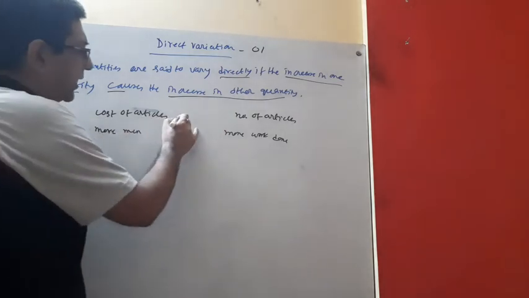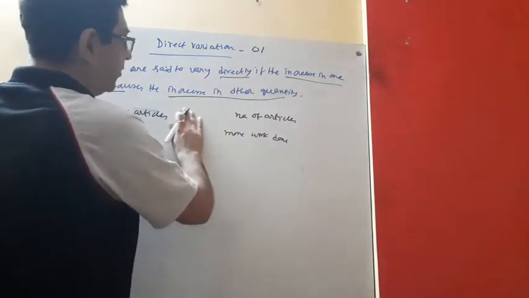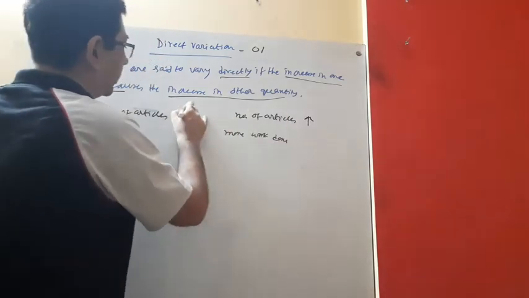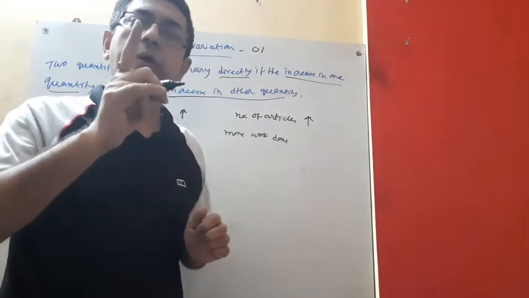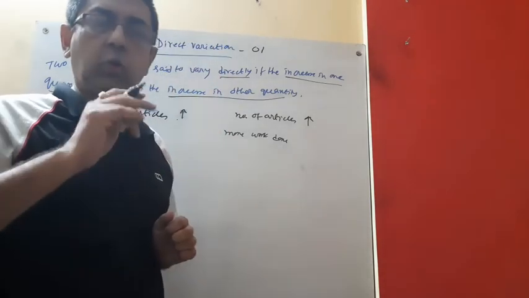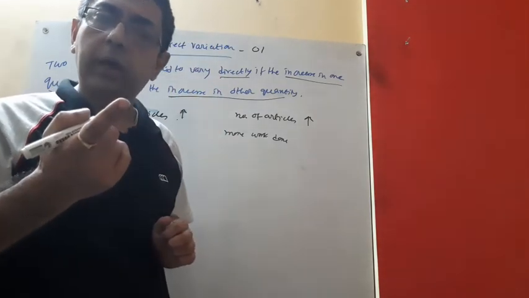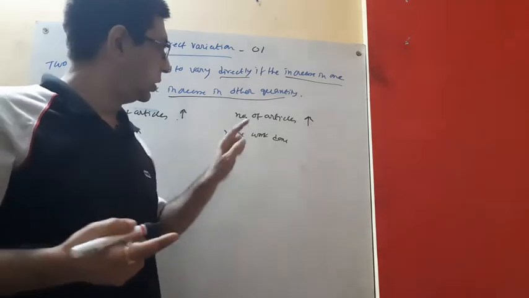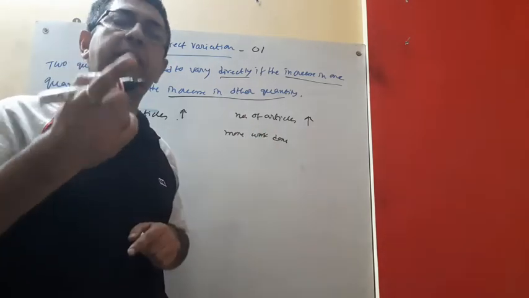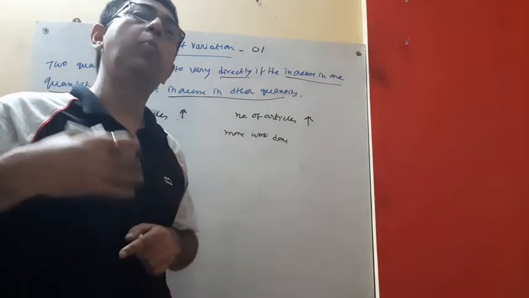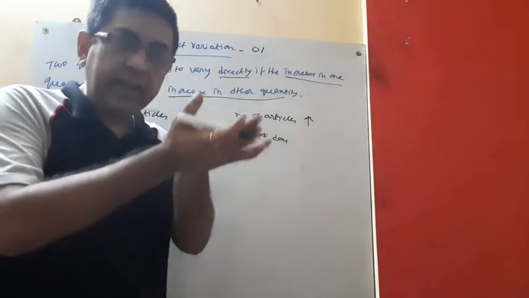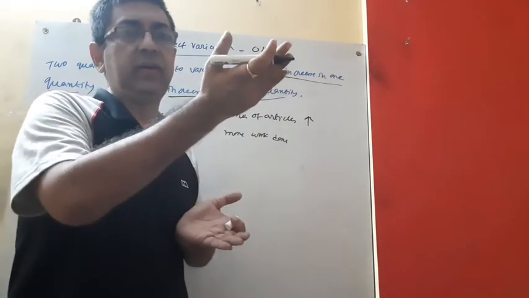Look, if the number of articles increases, the cost of articles also increases. Suppose the cost of 2 pens is rupees 10. So the cost of 3 pens will be more. The cost of 10 pens will be more. That means the number of articles is increasing, the cost price is increasing.